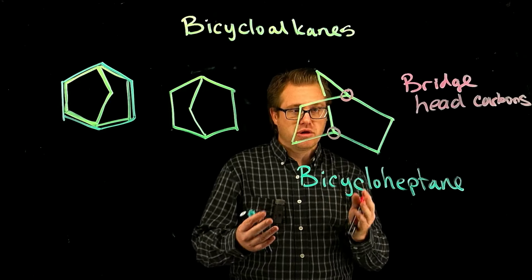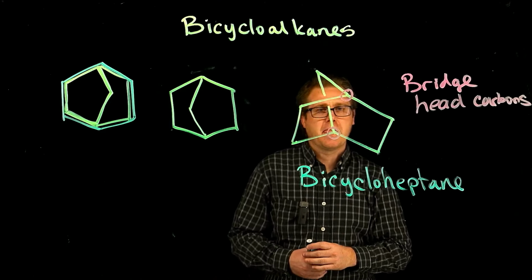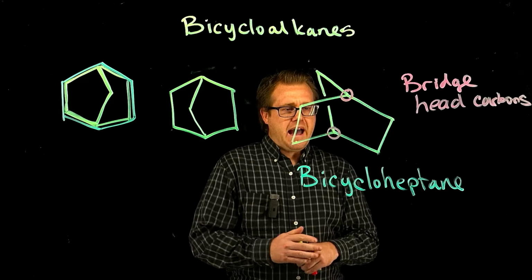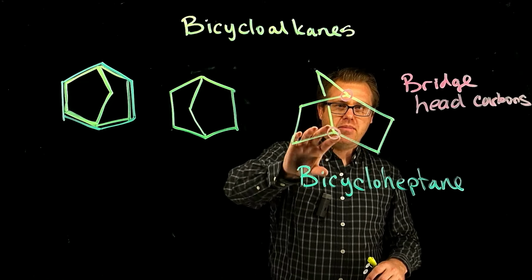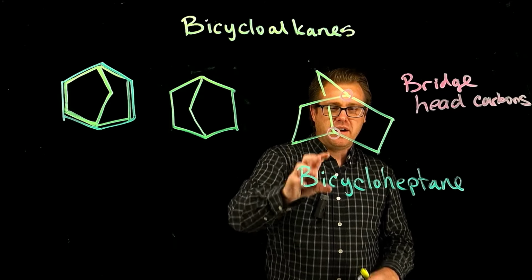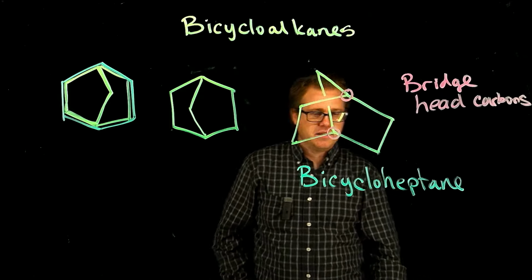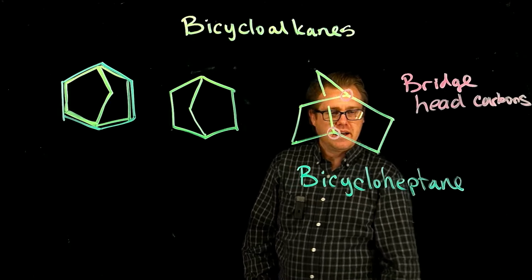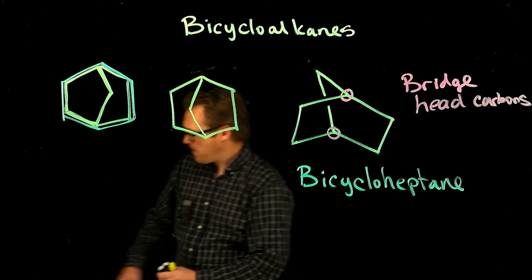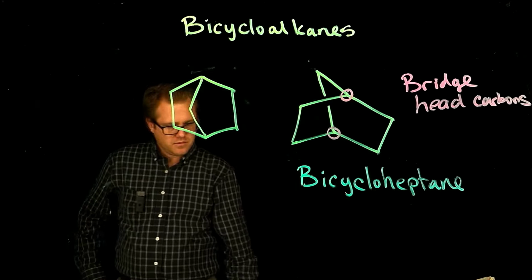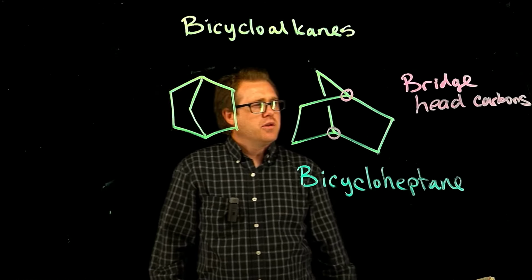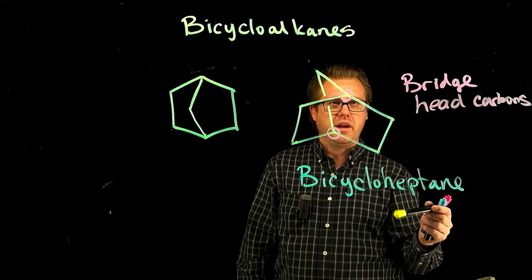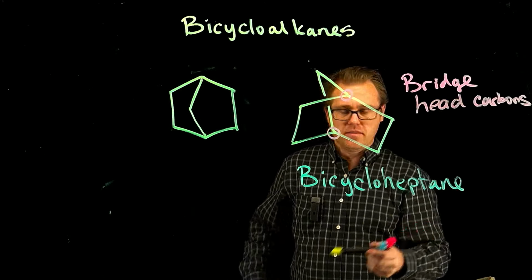How do I know those are bridgehead carbons? We'll get there in a second. When you look at a compound, it looks a little funky with 2 rings. We call it, with 2 or more rings, a bicycloheptane. So the bridgehead carbons are the carbons that join the 2 rings together.